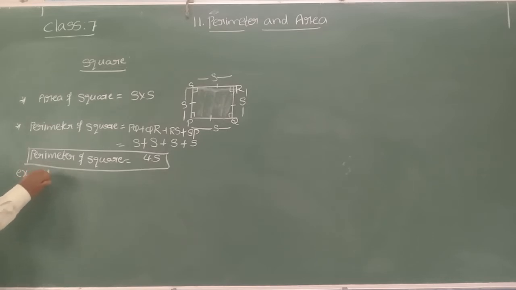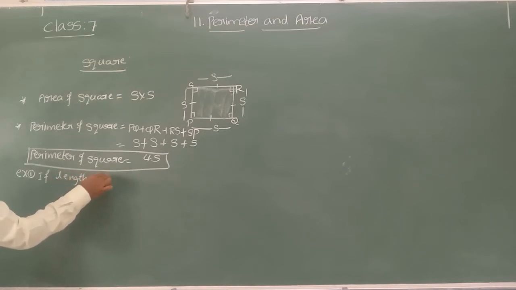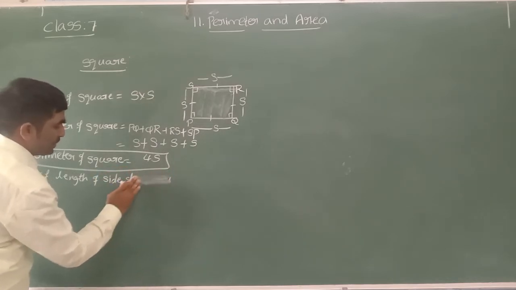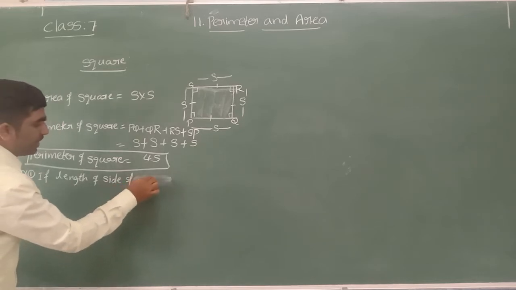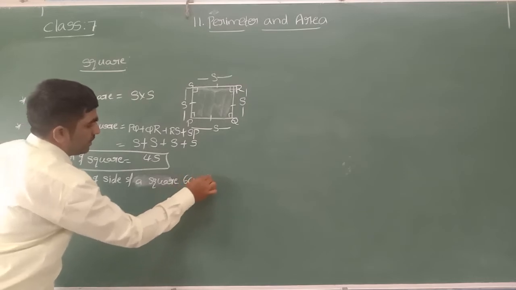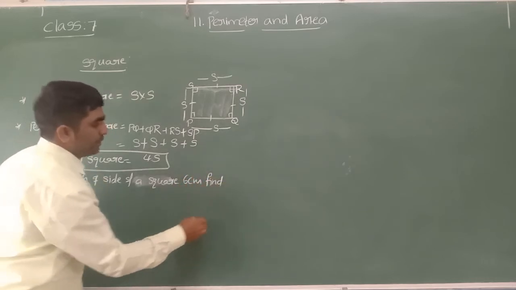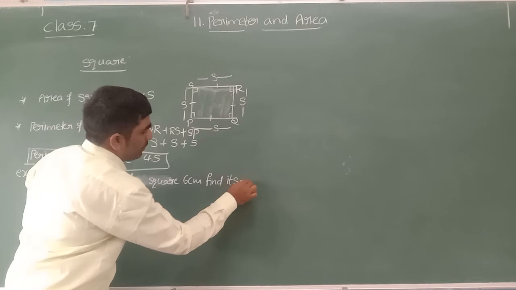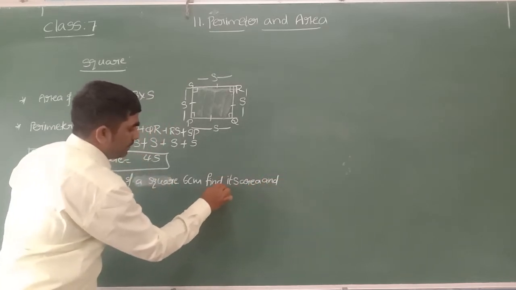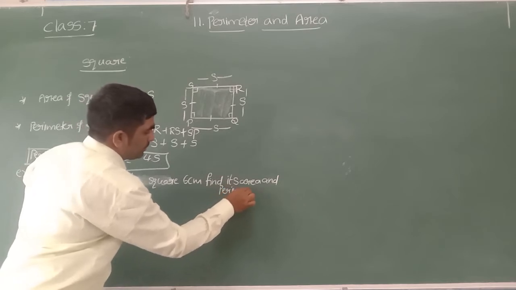If the length of the side of a square is 6 centimeter, then find its area and perimeter.